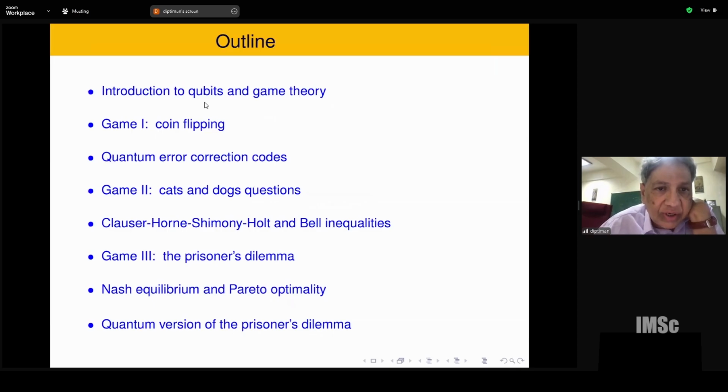So the outline of the talk is introduction to qubits, which I actually gave in the morning, and an introduction to game theory, a very brief introduction, in fact. Then I'll tell you about three different games in increasing order of complexity.